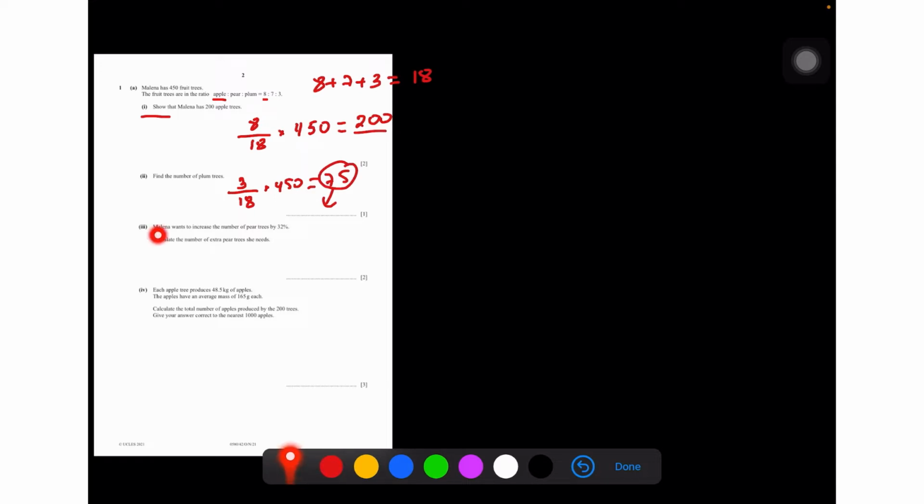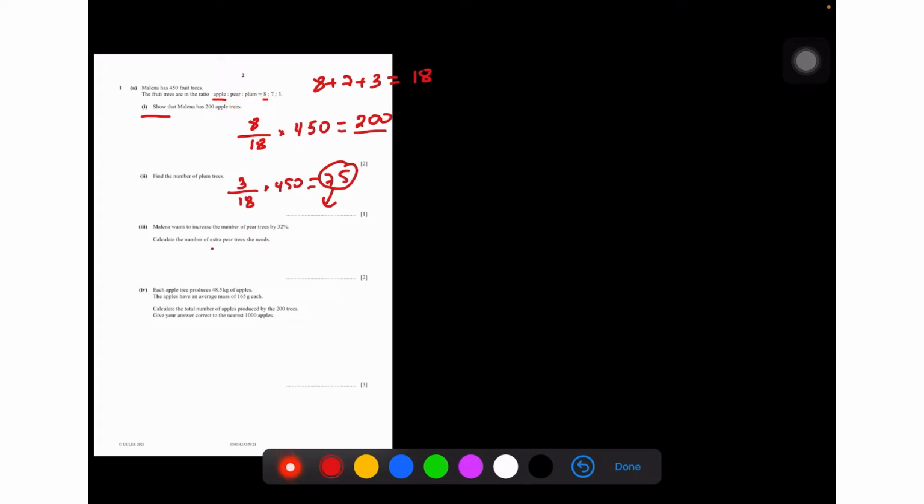And thirdly, Melanie wants to increase the number of pear trees by 32%. Calculate the number of extra pear trees she needs. The number of pear trees we didn't know. First we have to find this one, and pear is the second one, 7.